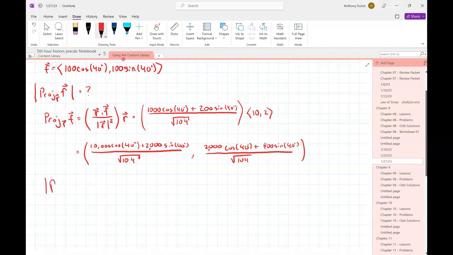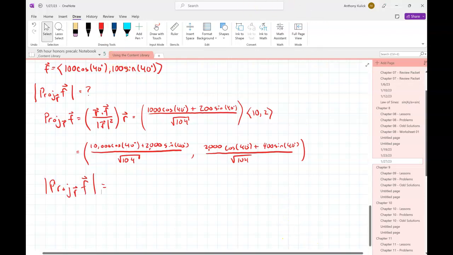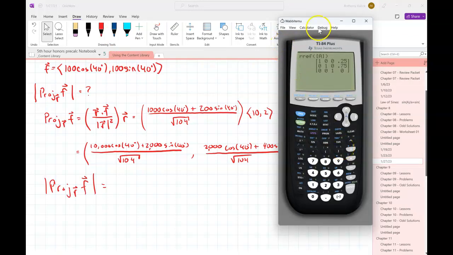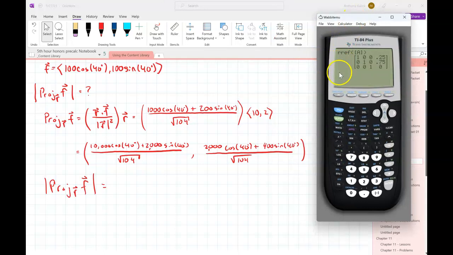And now I just need to do the projection, or the magnitude of that. I'm just going to do that in the calculator rather than writing this all down, because it's already getting pretty woofy to me. So I'm going to do this as 3 lines.